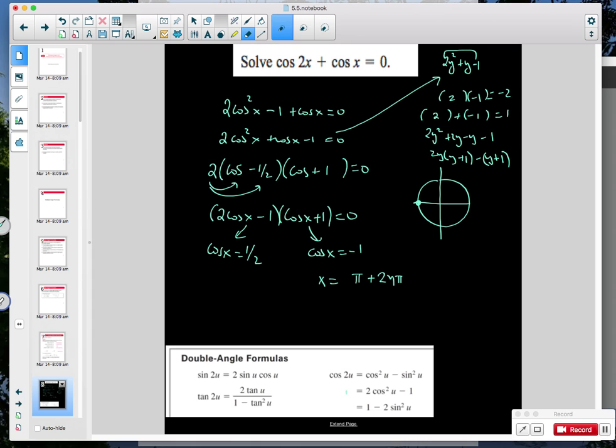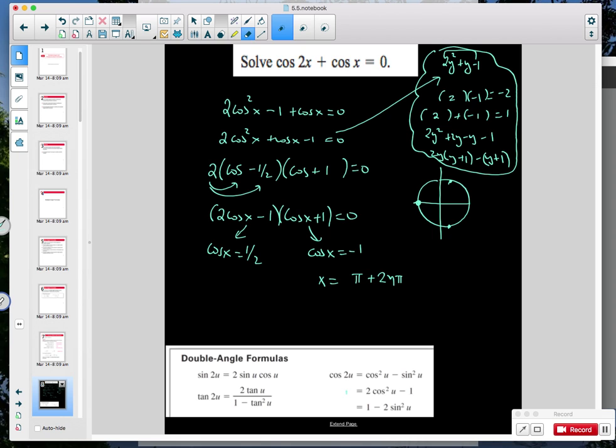Alright, I did it manually and I did it with a calculator. So I get the pi here, and for the cosine 1/2, it would be up here and down there. So that's pi over 3 and 5 pi over 3.